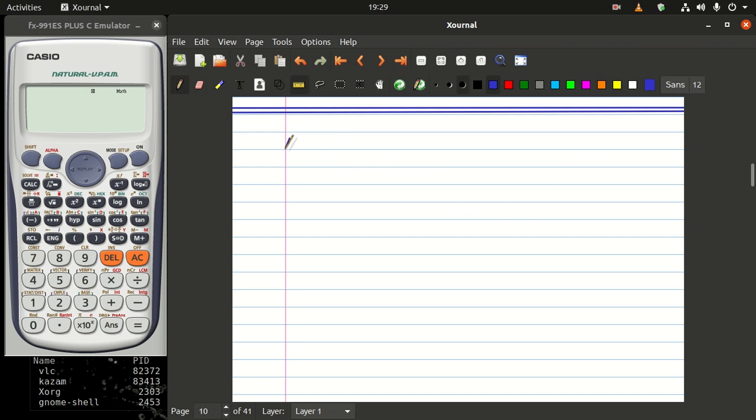I want you to evaluate the following limits. I am going to look at the limit as x approaches 0 of sine of x divided by x. That's the first one.